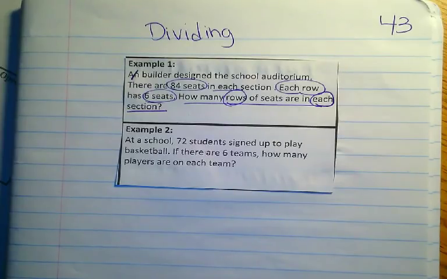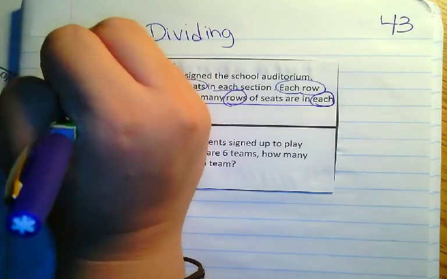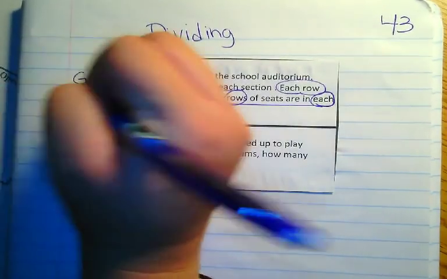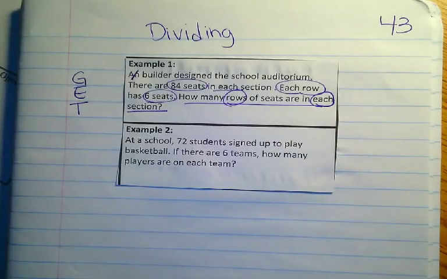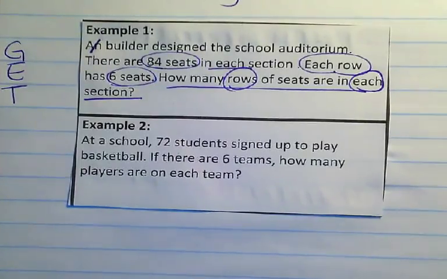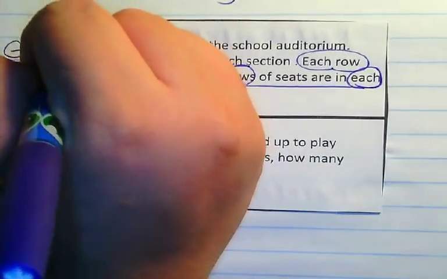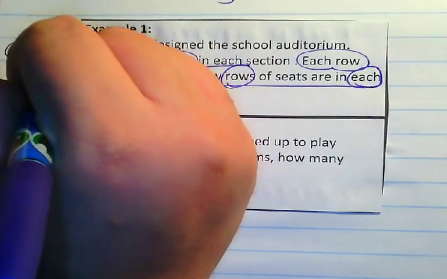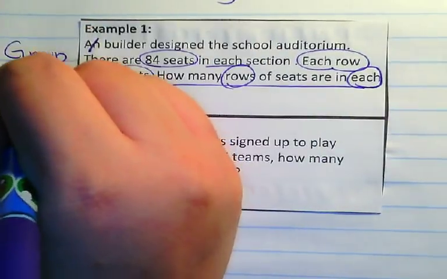Okay, so last year you should have gone over the GET. Do you remember GET? Do we remember what it is? G is group, E is each, and T is total.